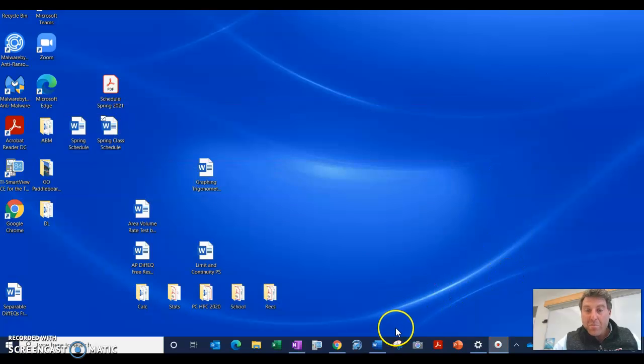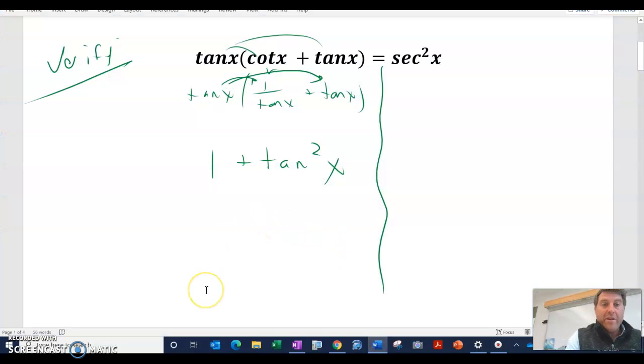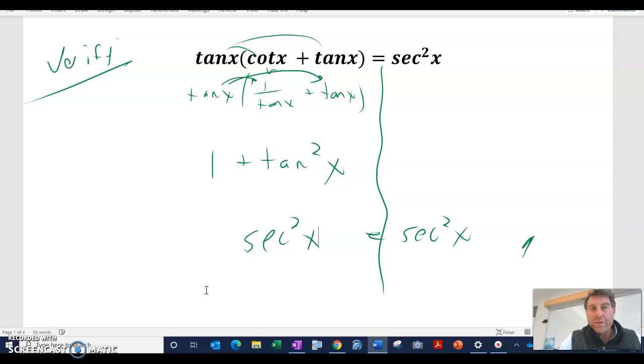So all I have to do is go back to my proof, and by the Pythagorean identity, 1 plus tangent squared equals secant squared, which is, of course, what's on the other side. Okay? So I have a little algebra, and then from here to here, I have one of the Pythagorean identities. All right? 1 plus tangent squared is equal to secant squared of x. Okay? For now, you don't have to memorize those. You can just have those written on your page and use them when you need to.